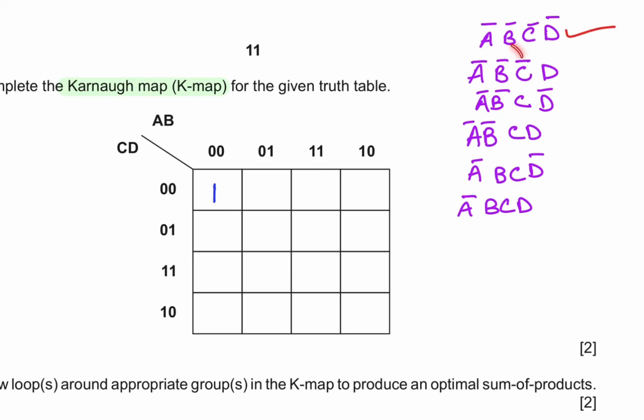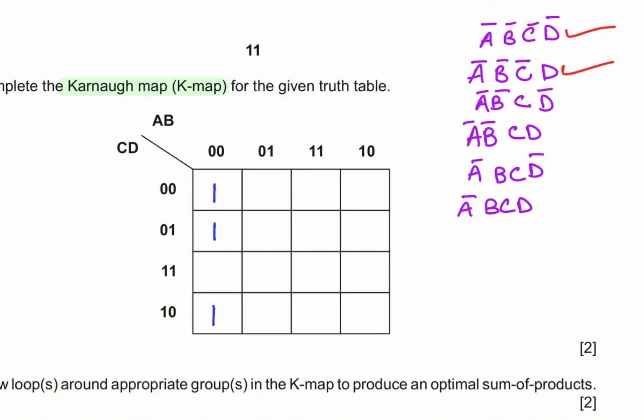Second one, you have A, B, C as 0 and D is 1. AB is 0, C is also 0 and D is 1, so it will be this one. Alright, that's also done. Third one, again A and B are 0, C is 1, but D is 0.